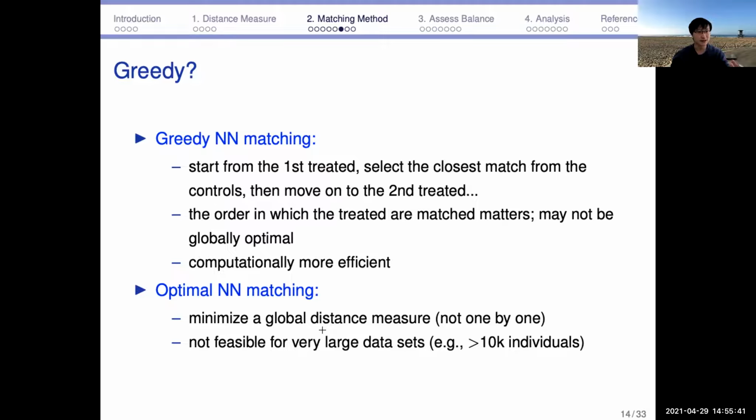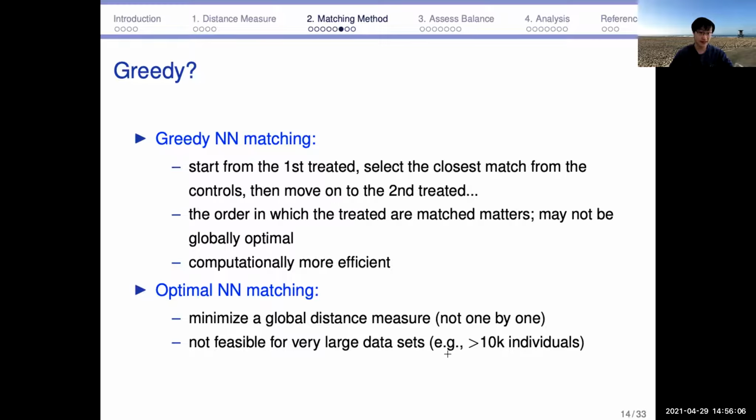Now, I didn't specify a clear way of how we achieve this, right? But you can at least think, oh, the most straightforward, but probably computationally expensive way is to enumerate all the possible matches and then find the matched sample that minimizes this global distance measure.